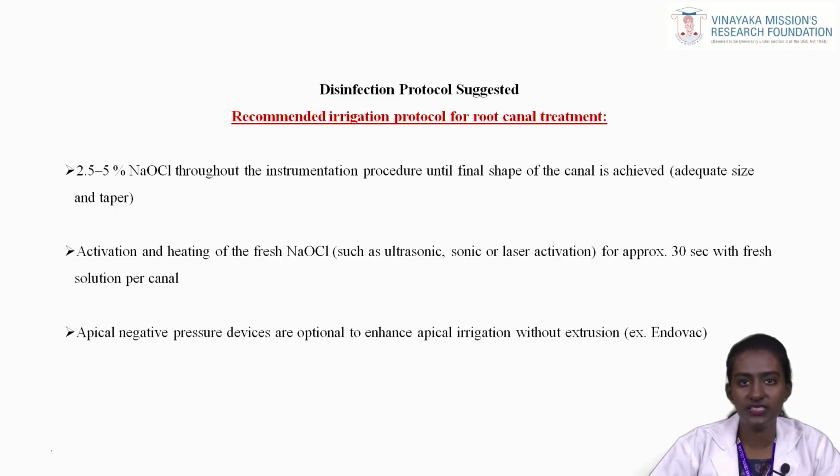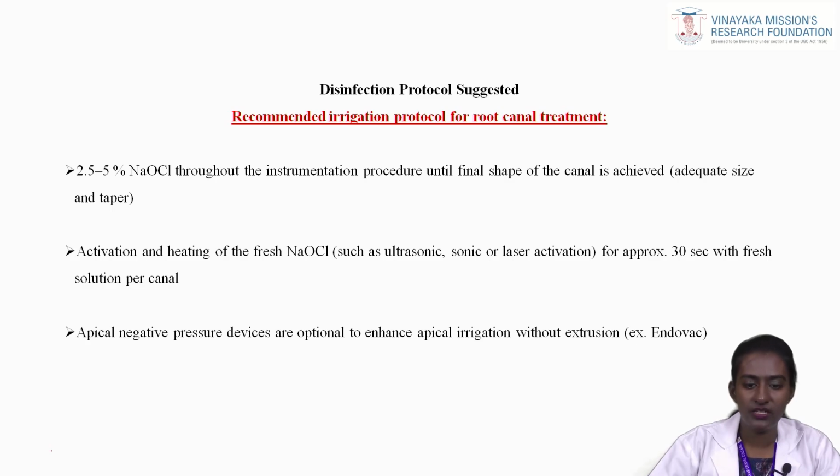So the recommended disinfection protocol for a root canal treatment is as follows. First, use 2.5 to 5% sodium hypochlorite throughout the instrumentation procedure until the final shape of the canal is achieved. Activate or heat the fresh sodium hypochlorite for approximately 30 seconds, with fresh solution per canal.